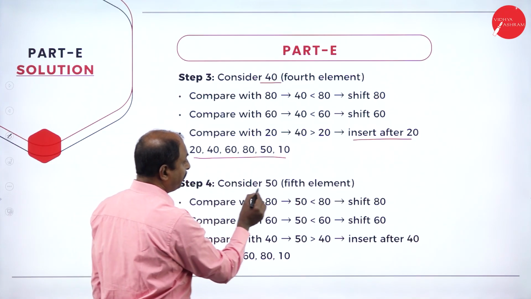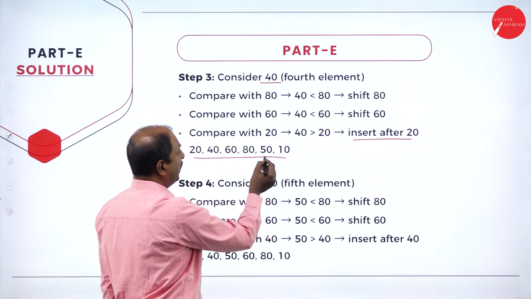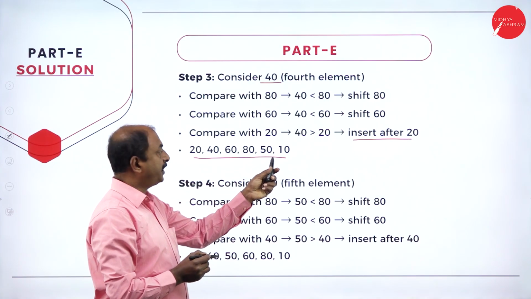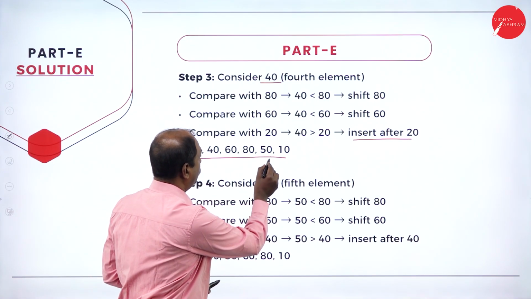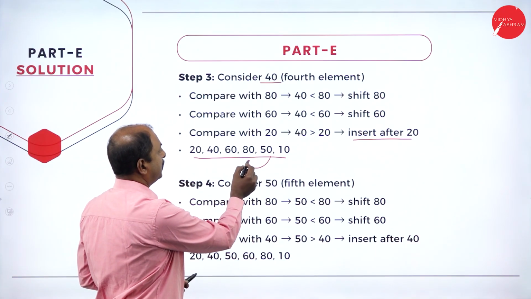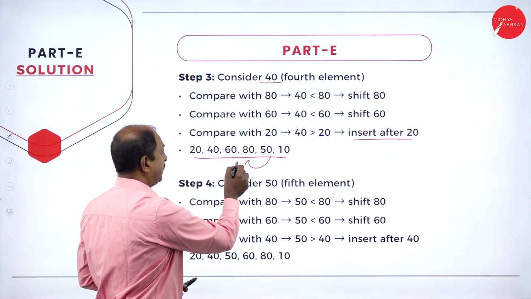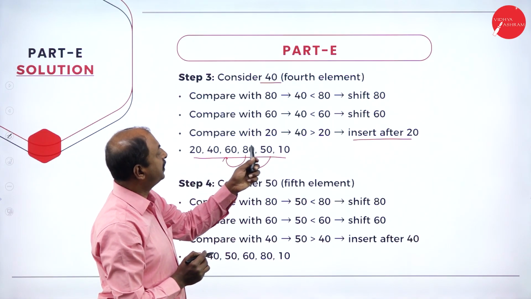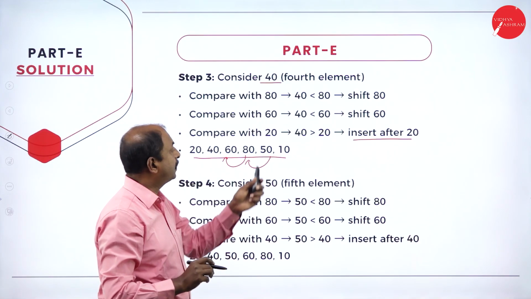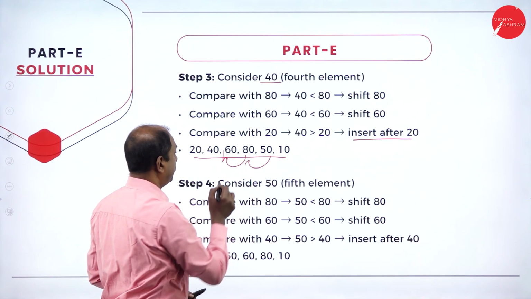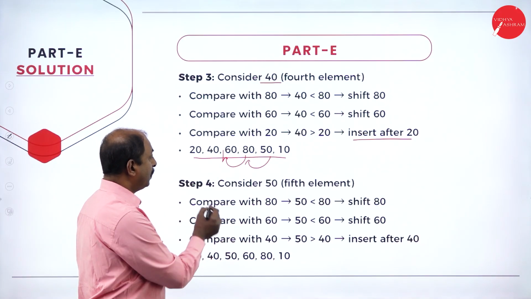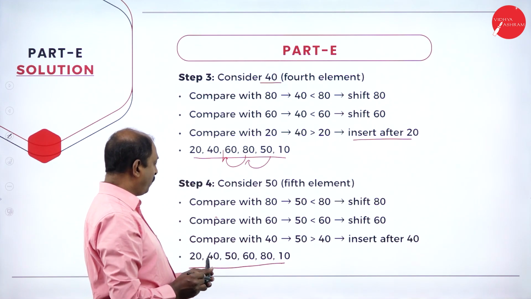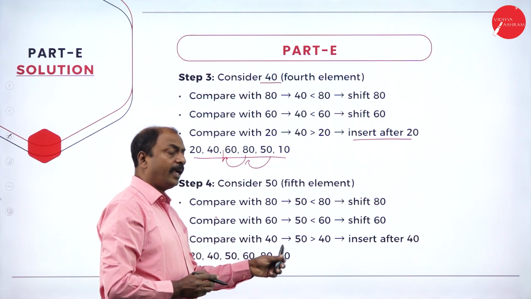Now step 4: consider this list and the next element is 50. Compare 50: 50 is less than 80, so it has to be shifted. Again 50 is less than 60, so it has to be shifted to this position, and 40 is less than 50. So we insert the element 50 at this position. At the end of iteration 4, this is the status of the list: 20, 40, 50, 60, 80 and 10.